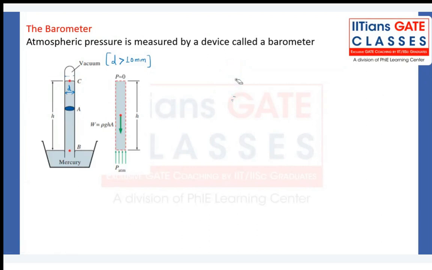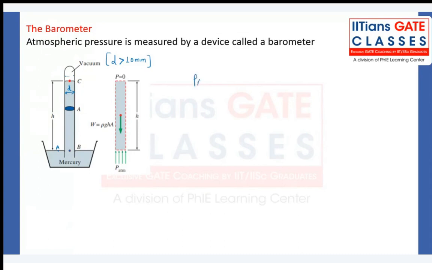Now, I'll be considering on the surface 2 points A and B, both on the same level. The point A and point B are on the same horizontal level, yes or no, guys? So can I say pressure at A will be equal to pressure at B? Just check it out.